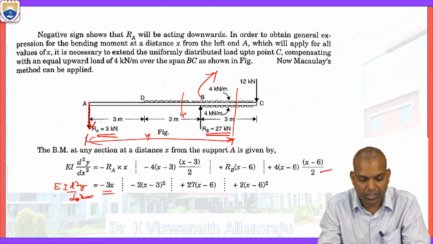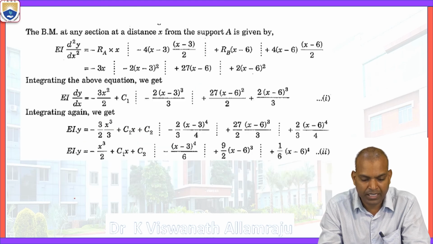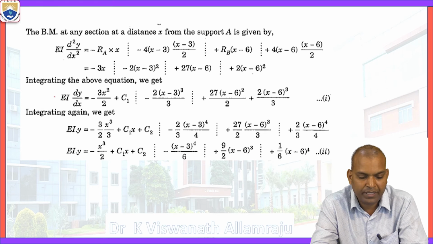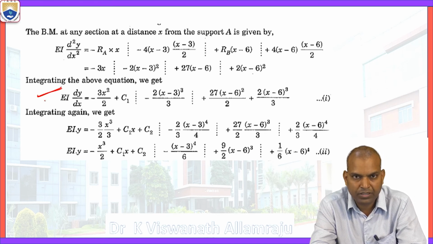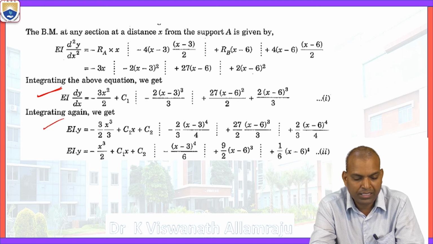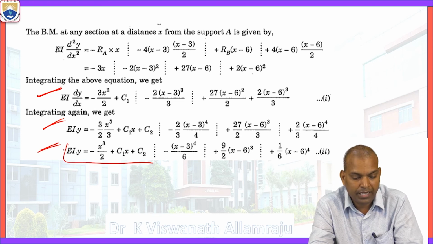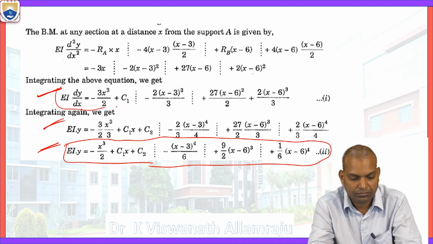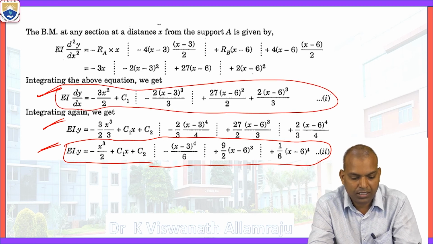If you integrate once, the bending moment gives dy by dx, the slope equation with C1, and integrating the slope equation, you will get the deflection equation with two constants of integration, C1 and C2. Yes, these are the equations.